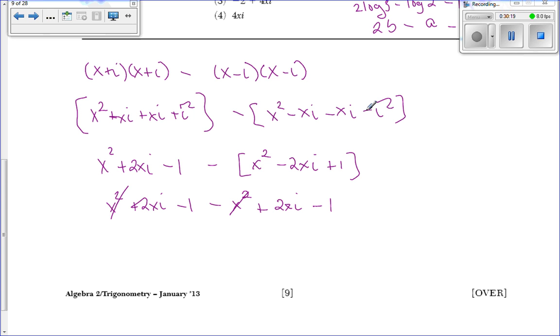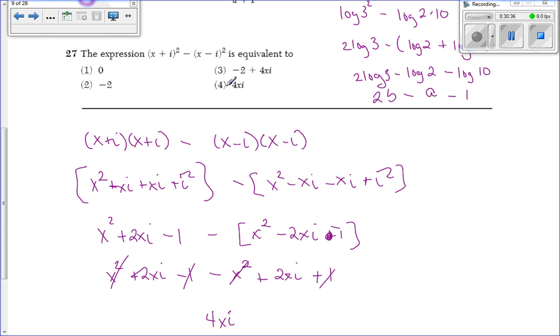My goodness. That should be plus i squared. I'm just going to make this minus, we're going to make this plus. So now I'm left with my 1's canceling out. So I have 2xi plus 2xi, which is 4xi, which is choice 4. Alright, that was part 1.